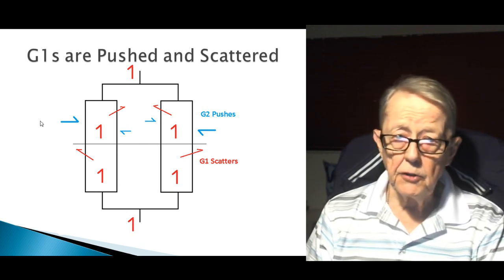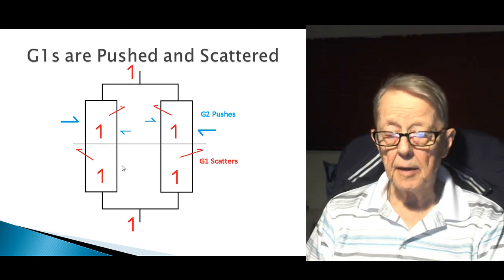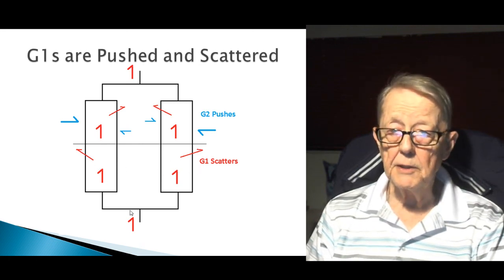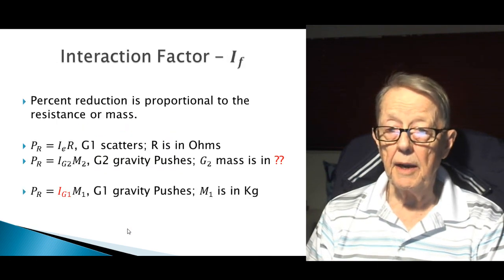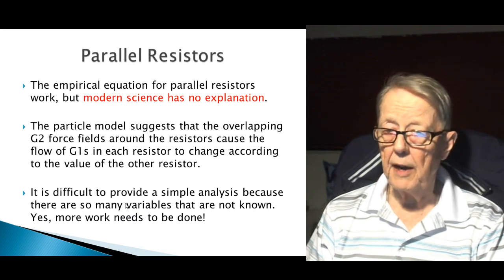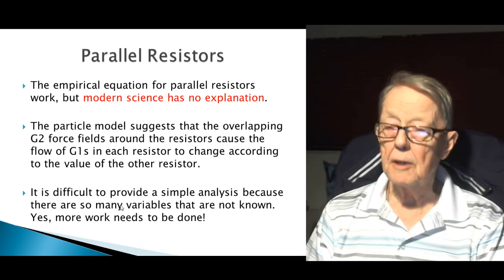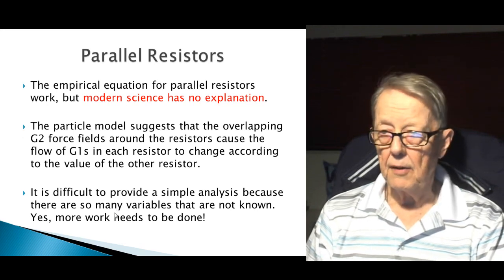Then you've got the G2 interaction factor, and I don't know what that is. I may have an idea of what this is, but there are so many different things going on here. So it's difficult to provide a simple analysis because there are so many variables that are not known. Yes, I have a lot of work to do.